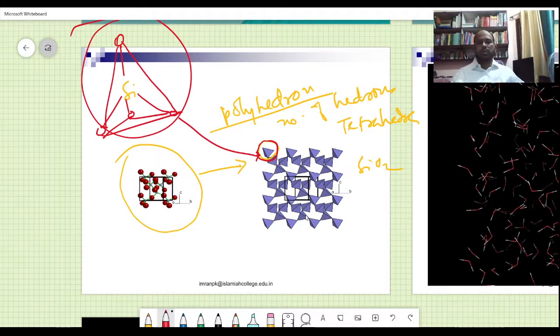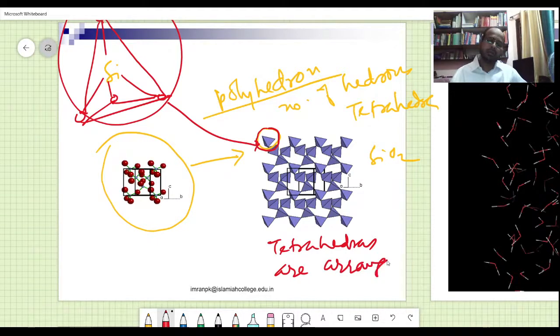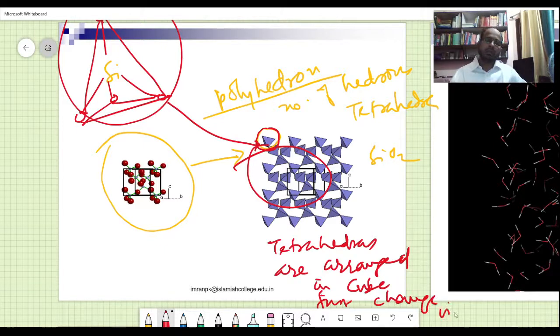So carefully you can see how the tetrahedra are arranged in a cube. This is a cube, a particular cube. Just change the view. You get an HCP type structure.